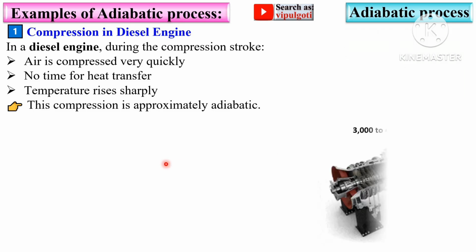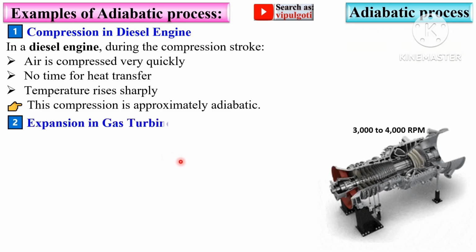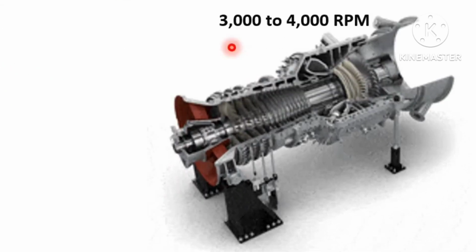this compression process as approximately adiabatic. Now the second example, expansion in the gas turbine. Here you can see the turbine, where the speed is approximately 3000 to 4000 rpm.